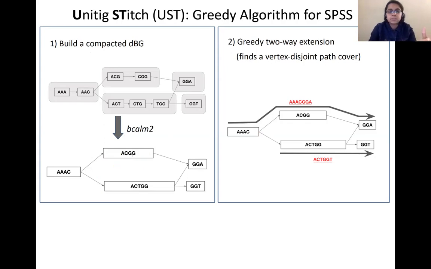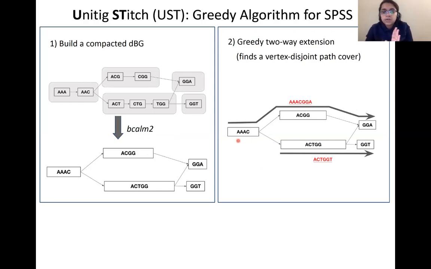When we have those unitigs as vertices in the graph, that graph is called the compacted de Bruijn graph. In that compacted de Bruijn graph, we start at an arbitrary vertex, and we try to extend the path of that vertex as long as we can. We repeat this process until all the vertices are covered.